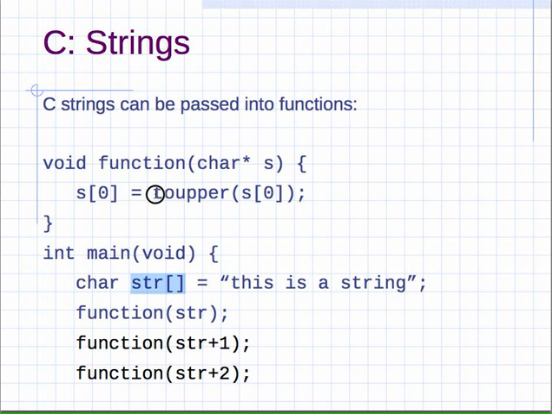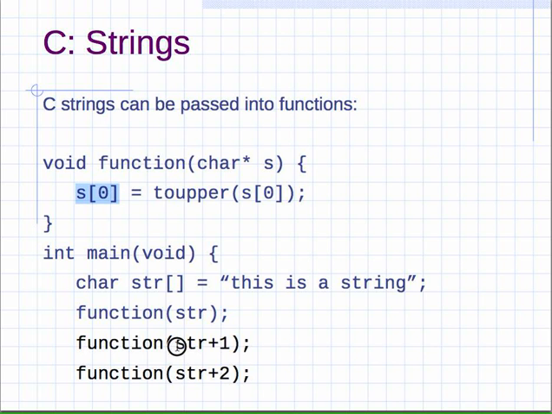If you say toupper of s sub 0, that just returns whatever this is. If it's a letter and it's in lowercase, it just converts it to an uppercase letter. Here, we store it back into s sub 0. So we have a pointer to some memory location, and we're storing something to the first location in that array.